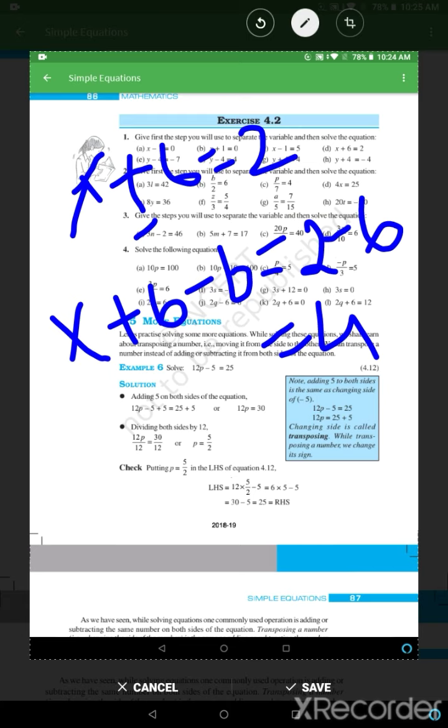The sign of the bigger number is minus, so minus 4. The value of x will be minus 4.